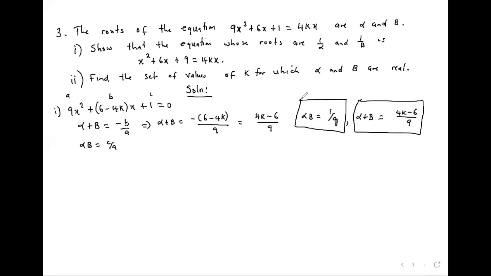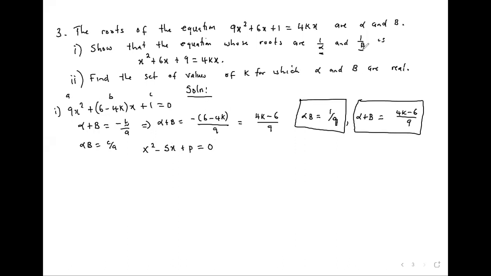Now we know that the quadratic equation is x squared minus sum x plus product is equal to 0. Now show that the equation whose roots are 1 over alpha and 1 over beta.